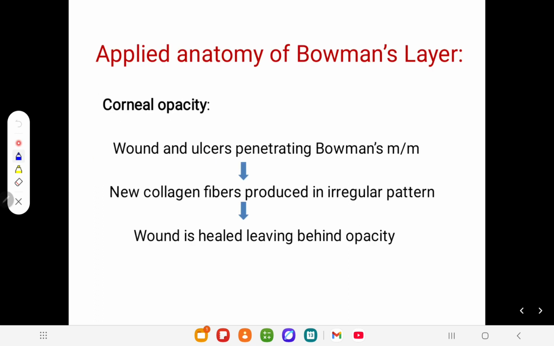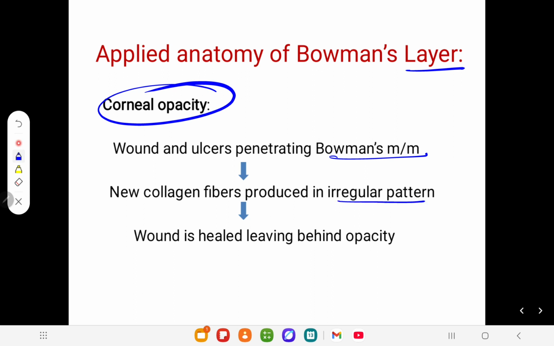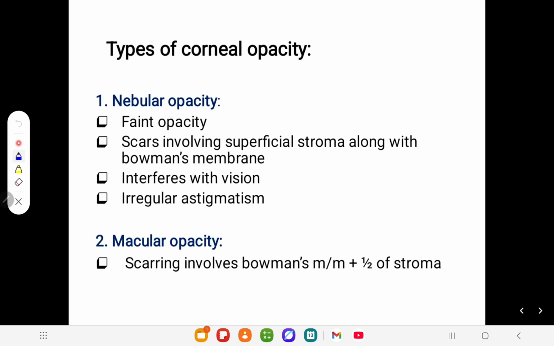So the applied anatomy of this layer: corneal wounds and ulcers penetrate Bowman's layer. New collagen fibers produce an irregular pattern. Obviously, a regular pattern is very important for transparency, and after wound healing, opacities are left behind. I think we know the types of opacities, isn't it?